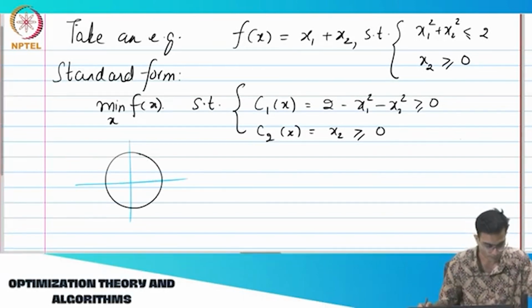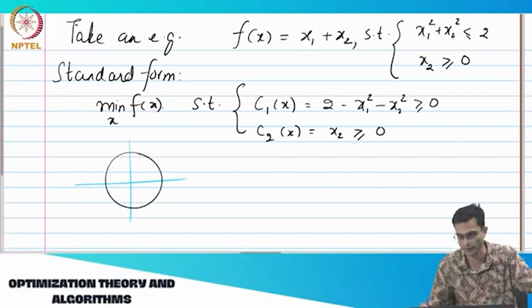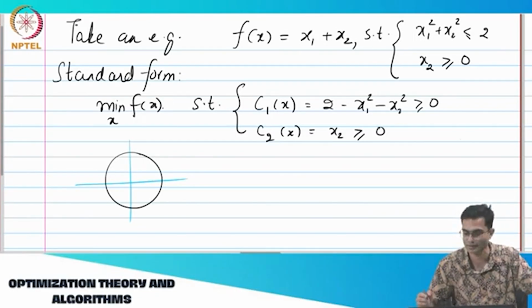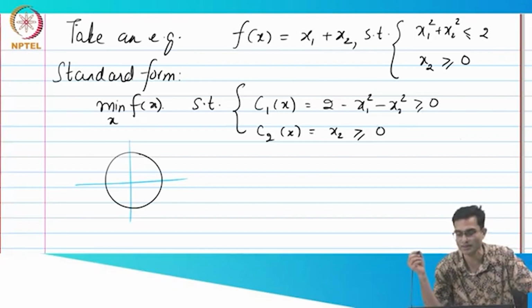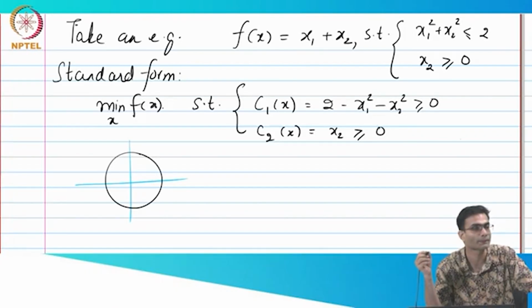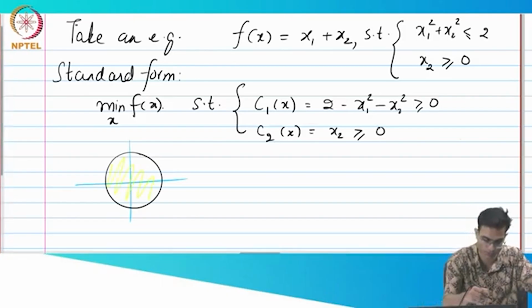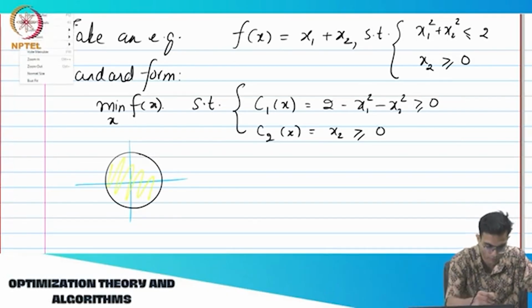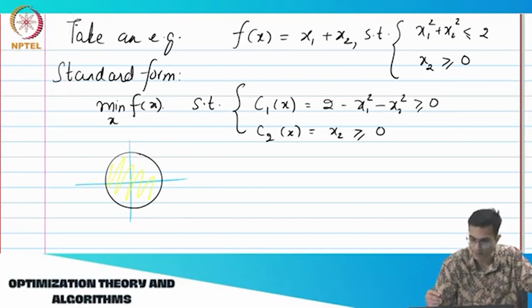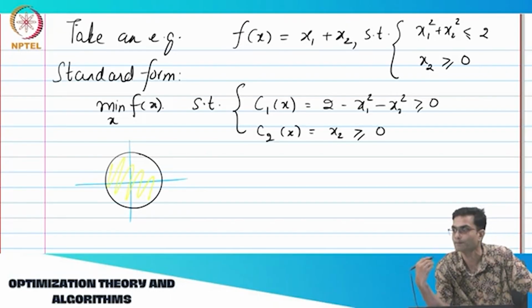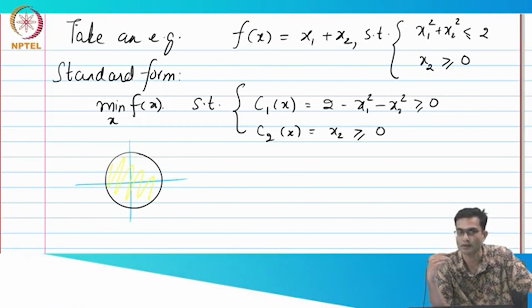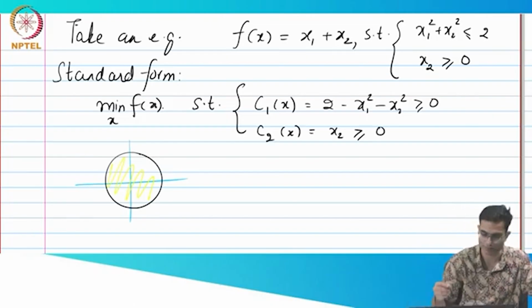Okay. So we can sketch the feasible region quite easily. What is it? The first constraint is saying I should be inside the circle. Oops, there's no undo. Okay, never mind. And the second condition is saying I should be in the upper half plane, right?